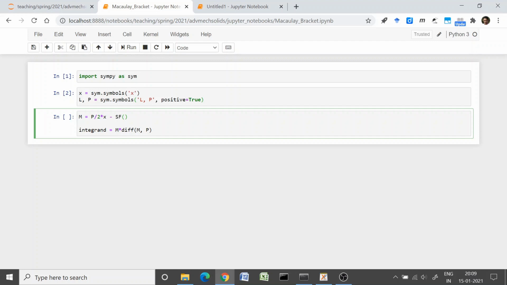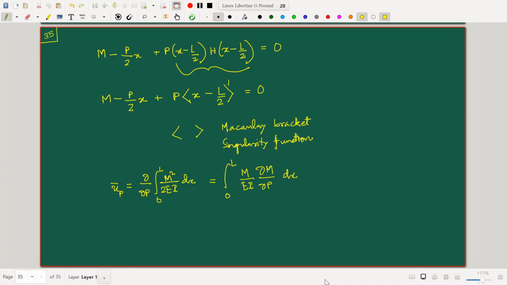The important thing to note is that whenever you have this Macaulay bracket, the way Python understands it is this: in general, if you have x minus a to the power n, Python will understand this as involving these three things.